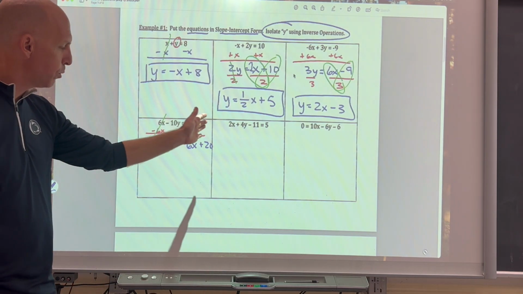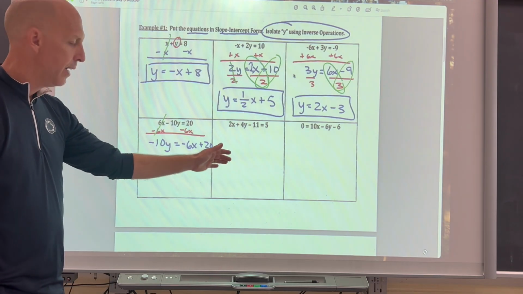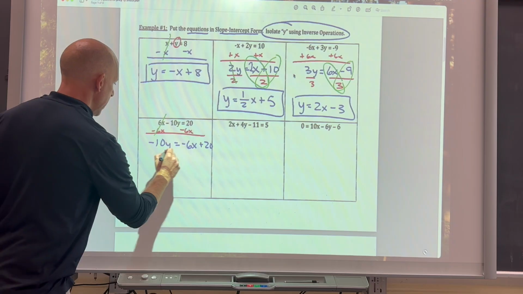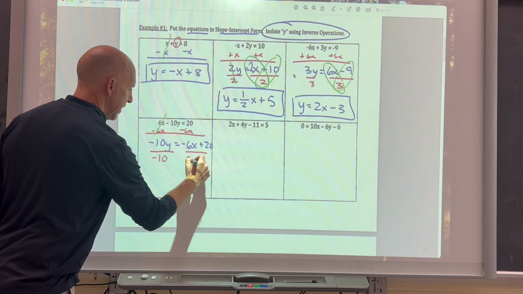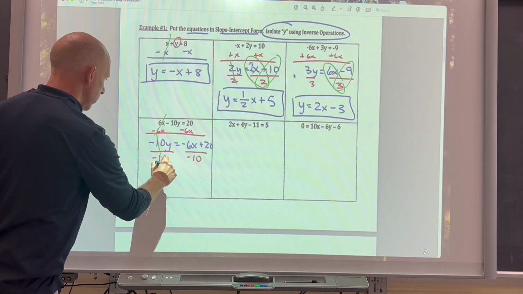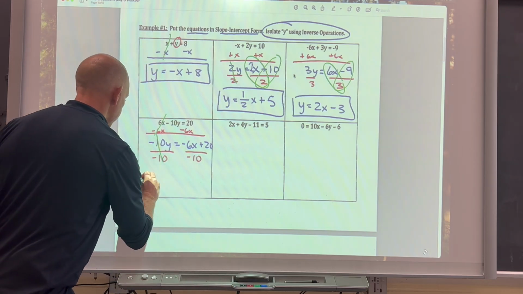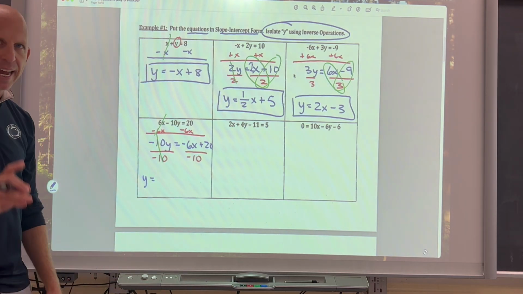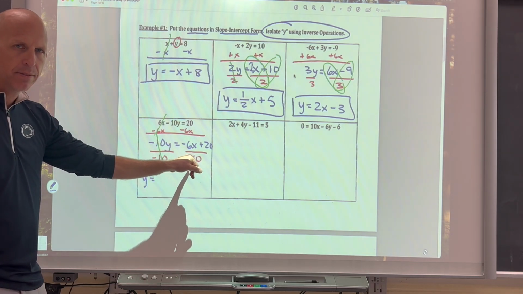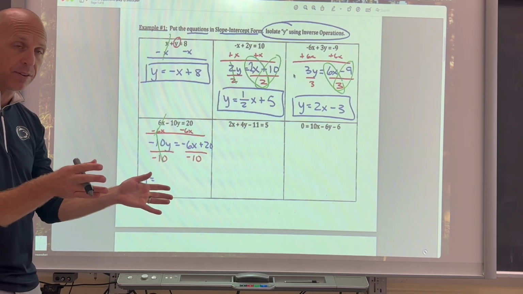Notice the x comes before the constant. Now, how are you going to get y by itself? Divide both sides by negative 10. The negative 10s cancel out. Y equals. Now, be careful. A negative divided by a negative gives me a positive.